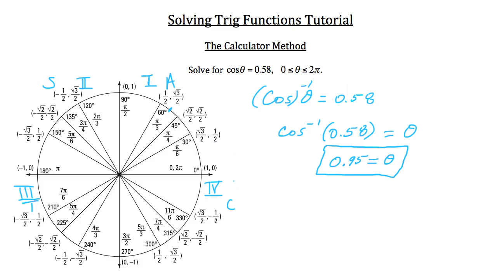So to solve for the remaining value of theta that will work for this problem, what you want to do is take 2 pi, this amount of radians here, and subtract our answer of radians. So you want to take 2 pi and subtract 0.95. When you do that, you get an answer of roughly 5.3 radians. So our second answer for theta is going to be 5.3 radians.